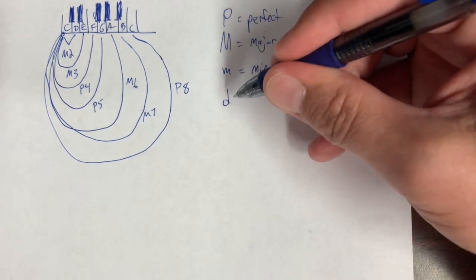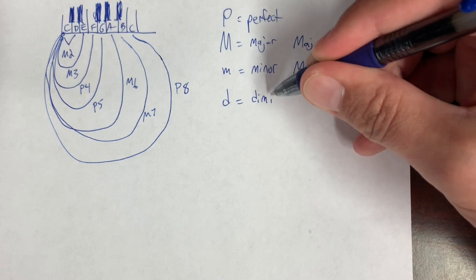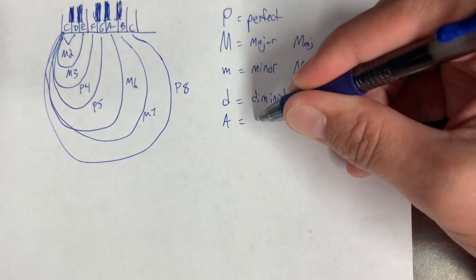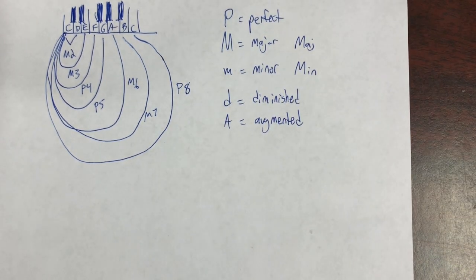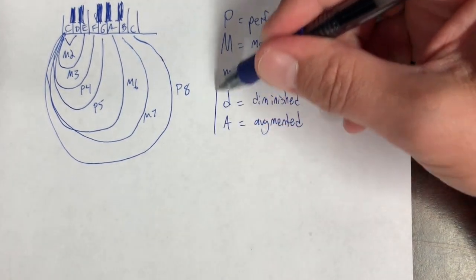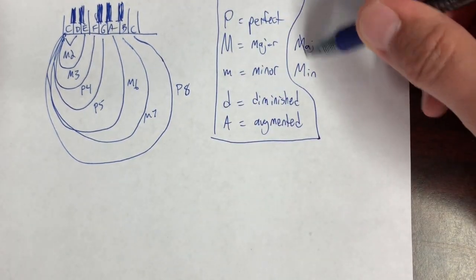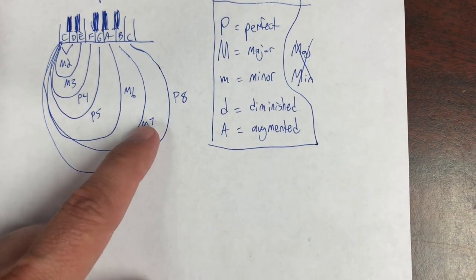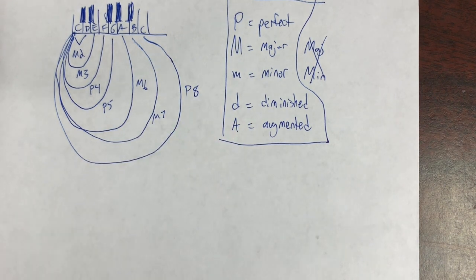And then we usually use a little d for diminished, and a big A for augmented. These are just conventions for how we write intervals. We write one of these letters for the quality, and then the number for the quantity.